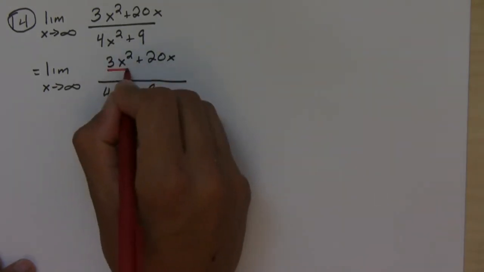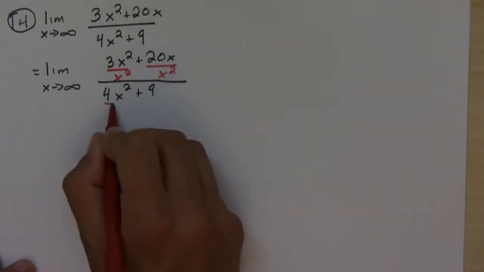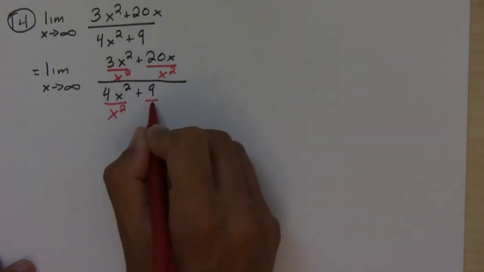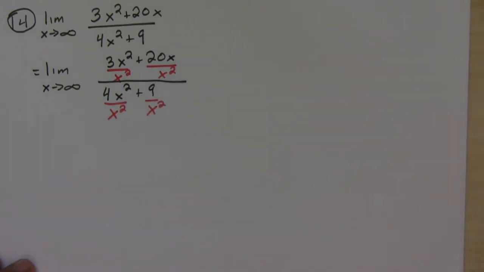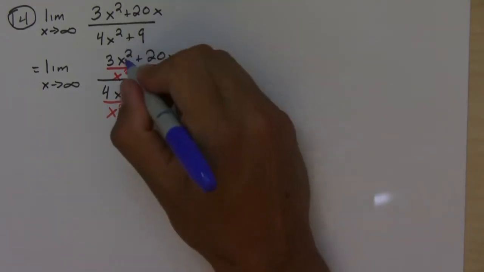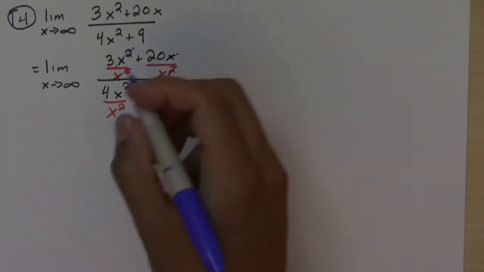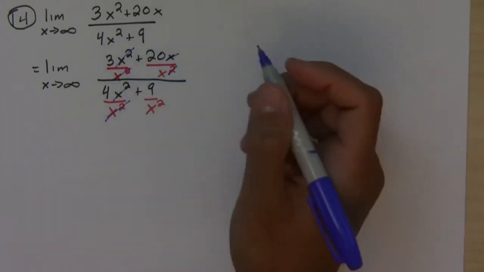Okay, so we're going to divide by x squared, and we're going to simplify, and here this x cancels with one of these. These both x squareds cancel.